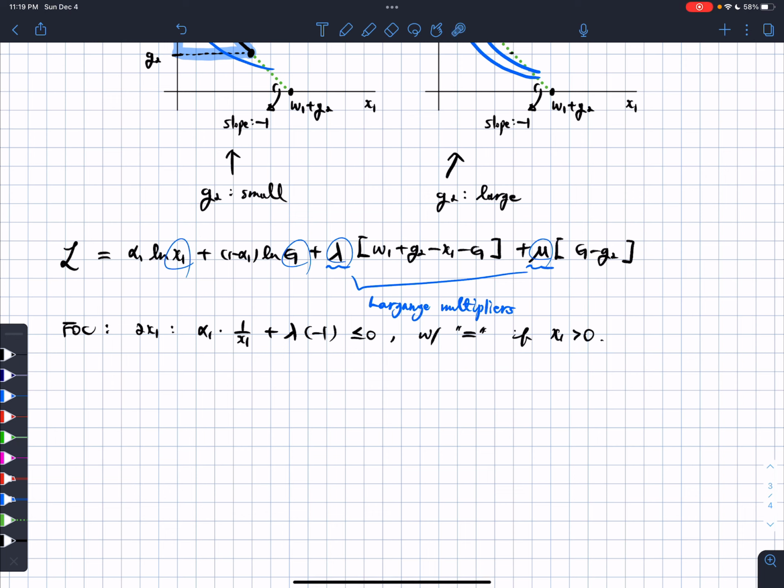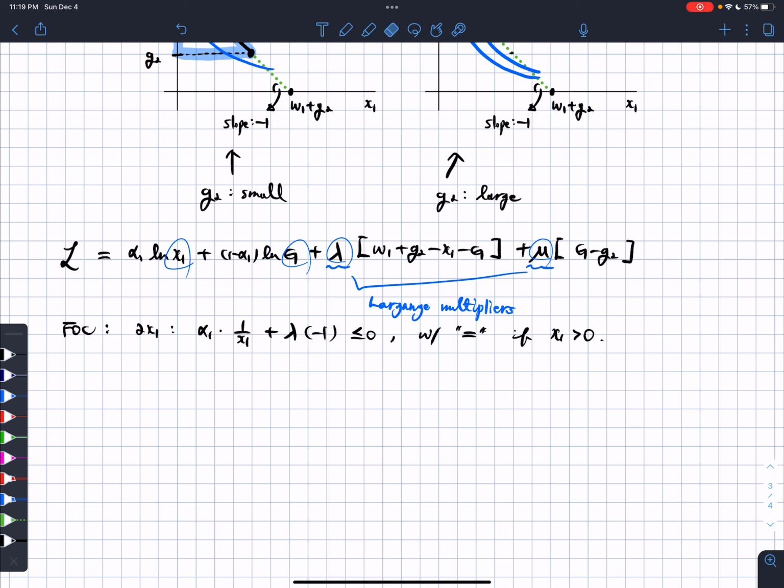And here I'm trying to be super careful about the first order condition. In the end, I know that at a solution, x1 and big G will never be 0, right? Because if these guys are 0, then we will have minus infinity for player 1's utility, and that will never be optimal.